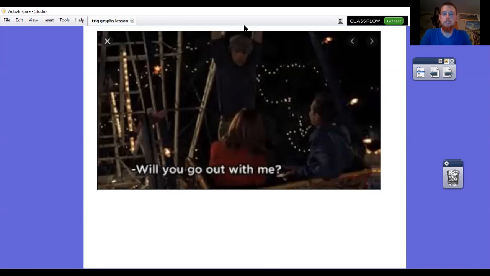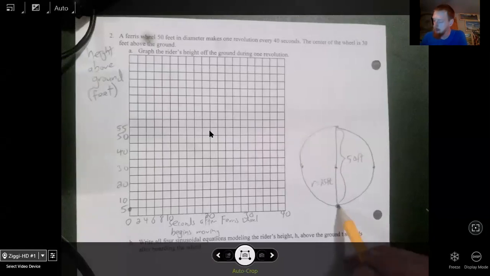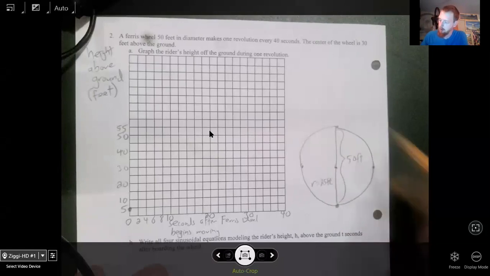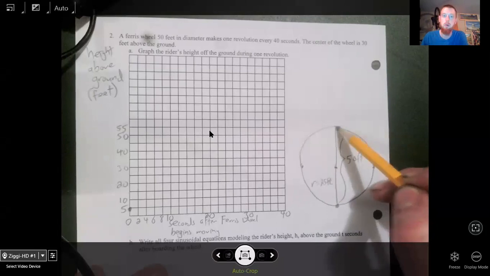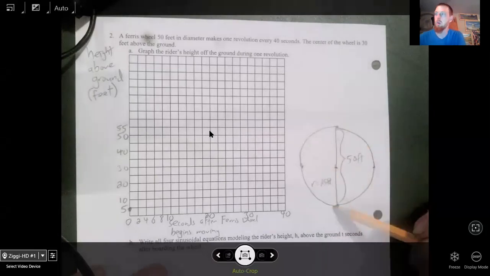Okay, the Ferris wheel is stopped in the movie while he's hanging there. But let's just say for the sake of argument that Ryan Gosling starts right here at the bottom of the Ferris wheel. He goes part of the way up to this point, then another part of the way up to the highest point, the maximum height of the Ferris wheel, then over to here, he's on his way back down, and then he finally reaches the bottom again.